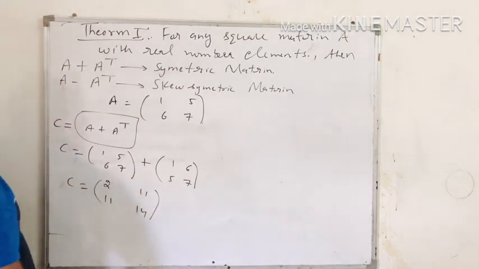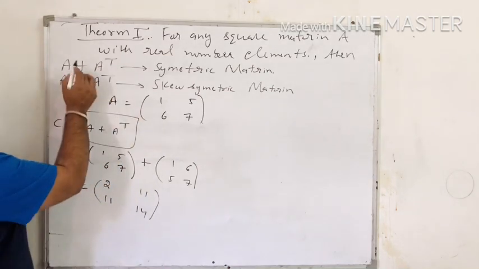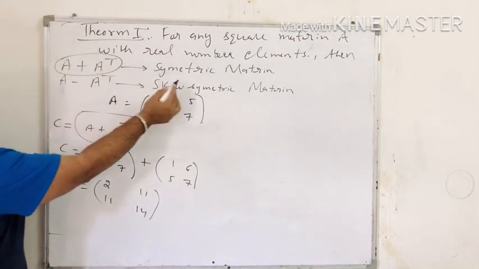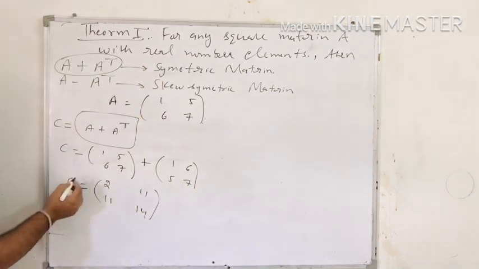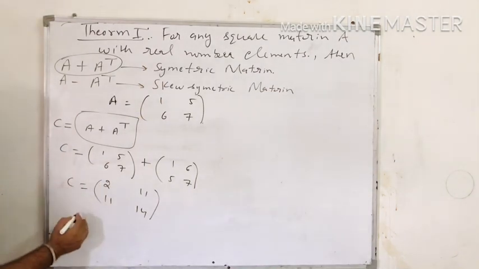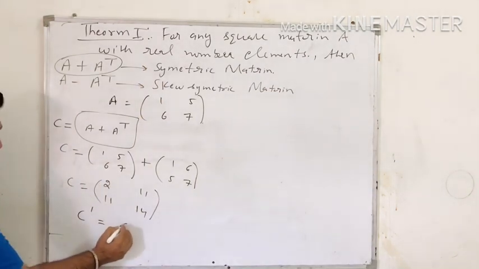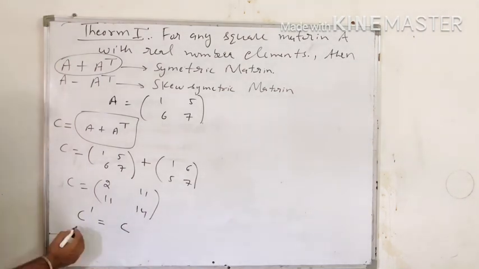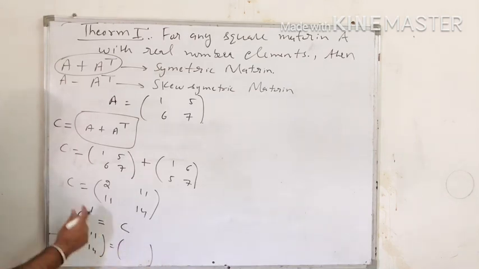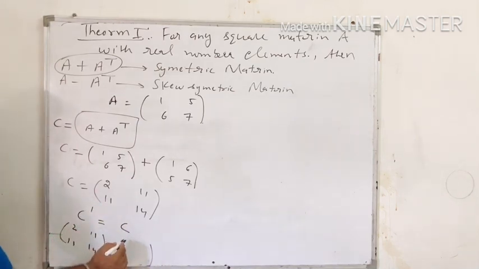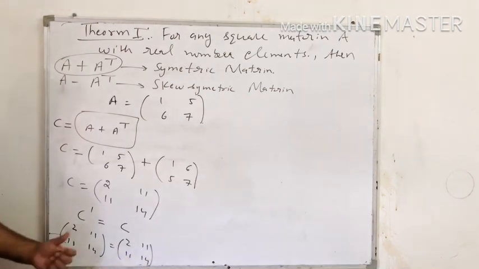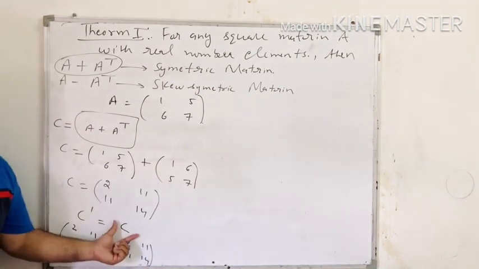So C equals [2, 11; 11, 14], but we have to prove A plus A transpose is a symmetric matrix. If C is a symmetric matrix, then C transpose equals C. Now C transpose is [2, 11; 11, 14]. What is C? [2, 11; 11, 14]. So C transpose equals C.